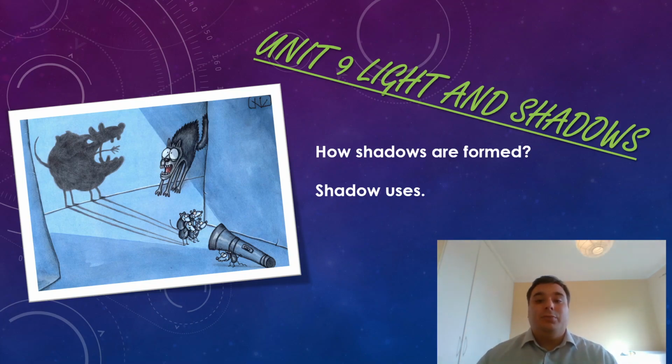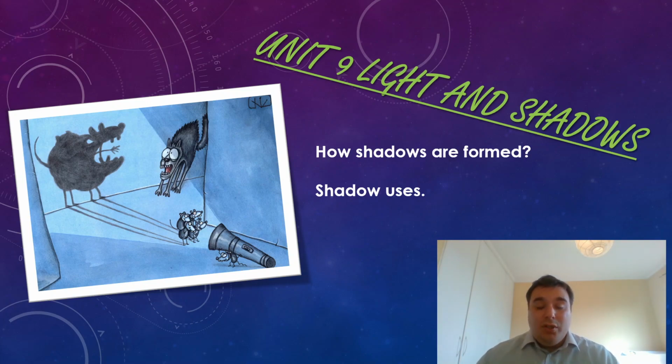But before starting with this lesson, let's check what we learned in the previous lesson. Remember, we discussed that light is super important, not only for us to see, but for all living beings. Sunlight is part of life for living beings.